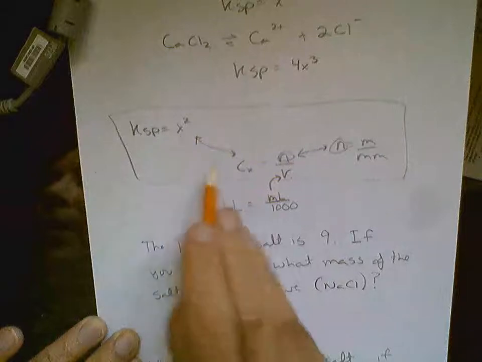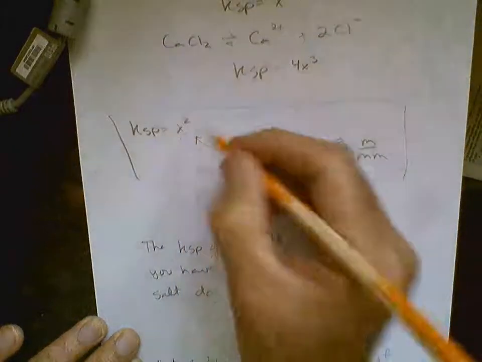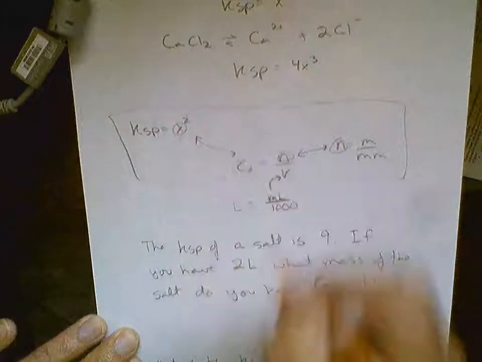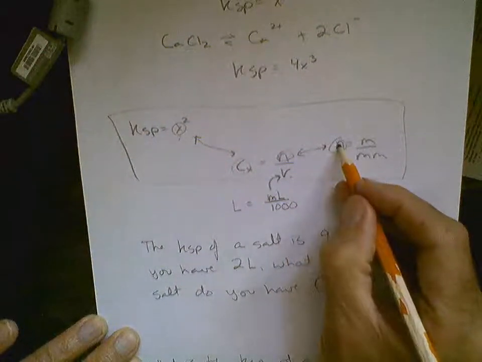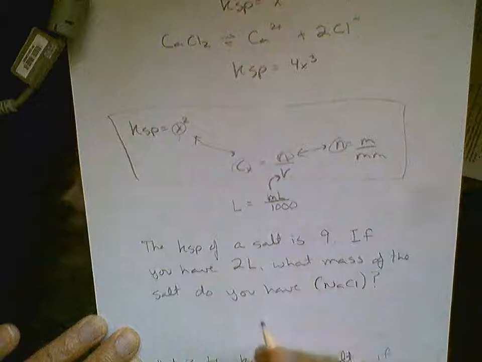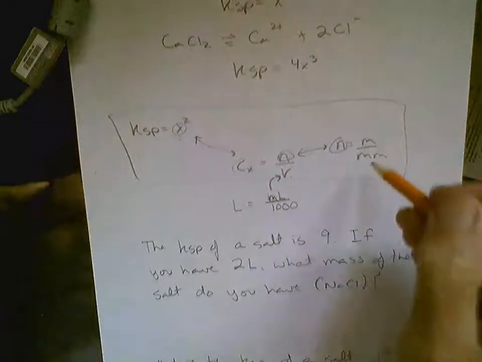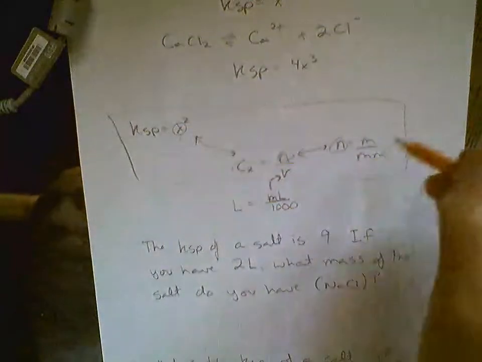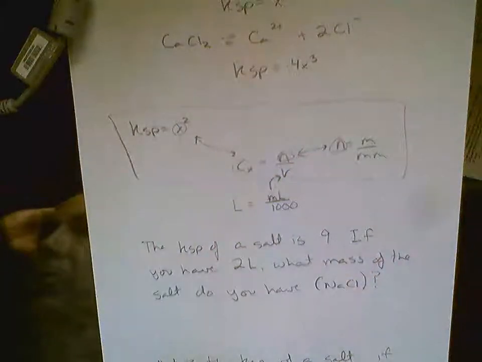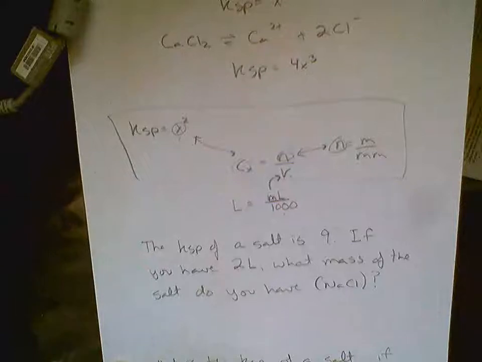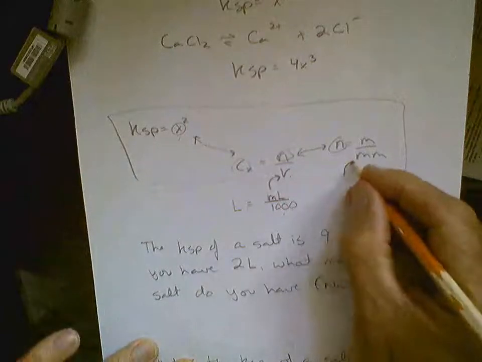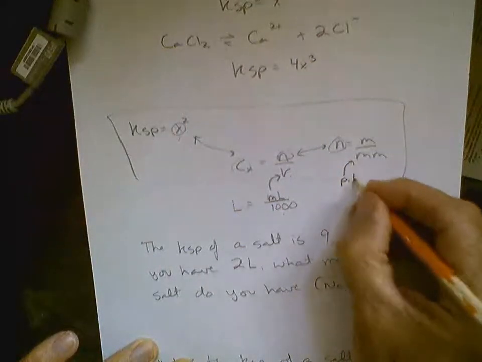Now X and concentration are the same thing, so these two are interchangeable, and moles are discovered by mass over molar mass. So if you use this flow chart, you can discover anything that you need to do the problems. Remember, volume has to be in liters, so if they give you milliliters, divide by 1,000. To get the molar mass, you have to go to the periodic table.